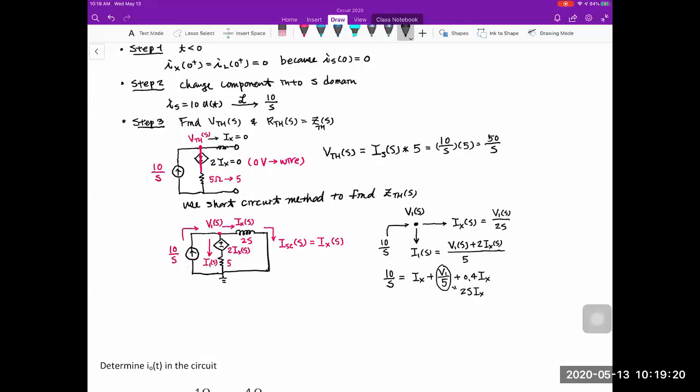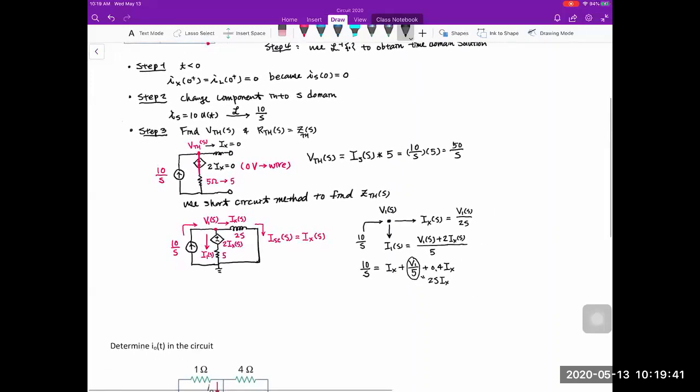So if you do that, then you will find out what Ix is. Let's see. As a matter of fact, I did this before, using the Vx. So let me write down the Vx equation over here to show you how the equation looks.